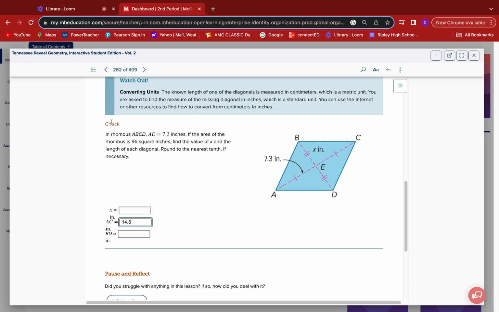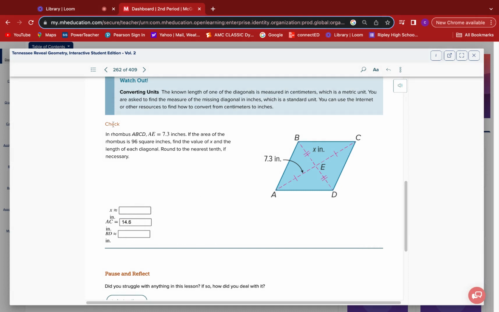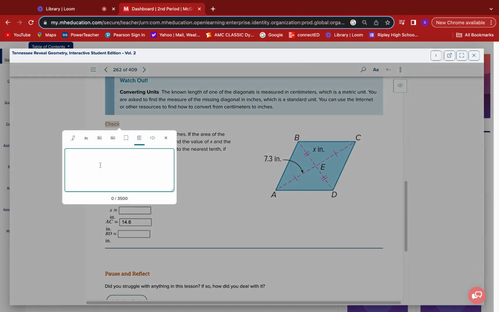Okay, here we go. For my visual people, the area is 96, was it not? Yeah, 96. So 96 equals 1/2 times diagonal 1, which was our 14.6, times diagonal 2. Well, if B to E is X, that means D to E is X. So my entire diagonal for right now, BD, is 2X.